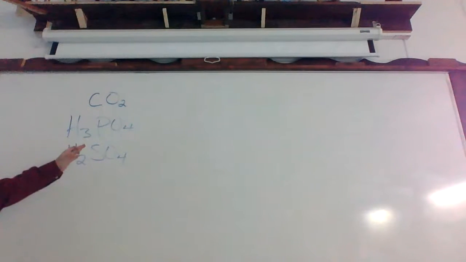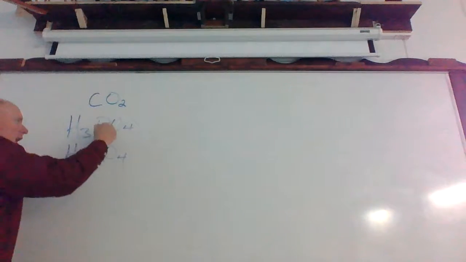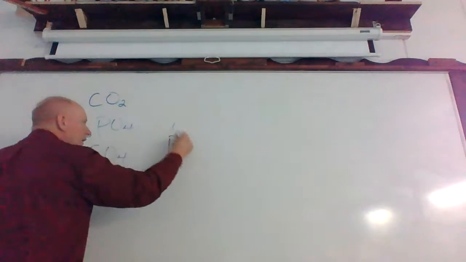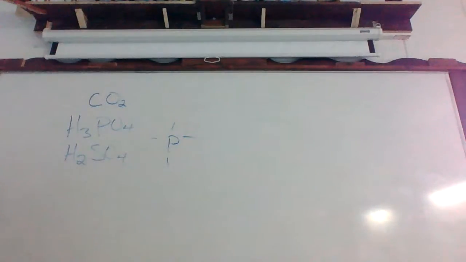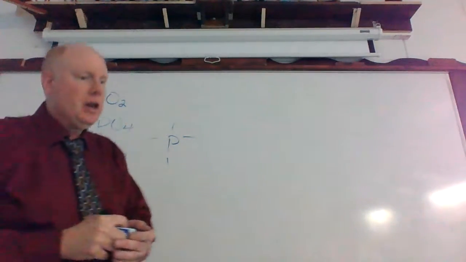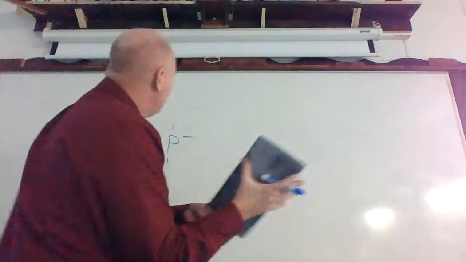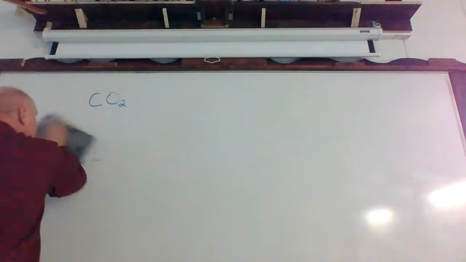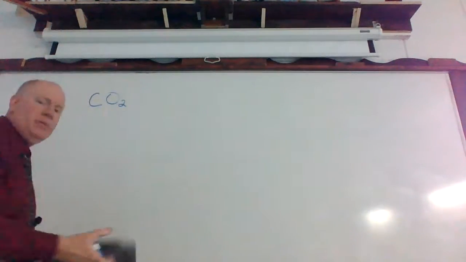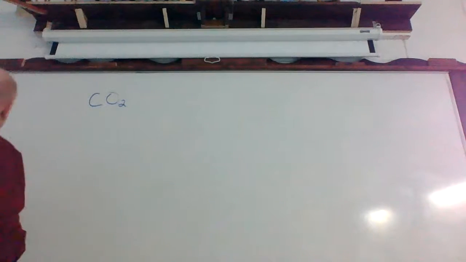The sulfur or the phosphorus. The reason we say that is because you have these four oxygens going in all directions, like that. So, when it comes to carbon dioxide, we know that carbon goes in the middle, because we said it's either carbon, and if that's not present, then probably nitrogen.